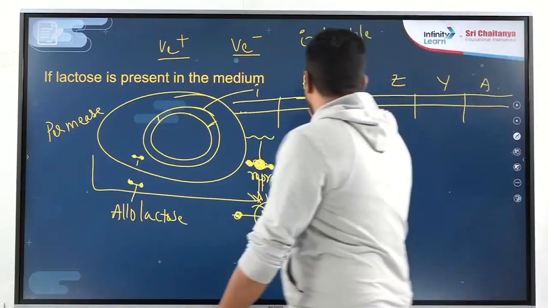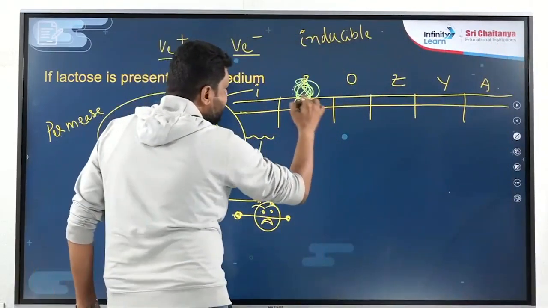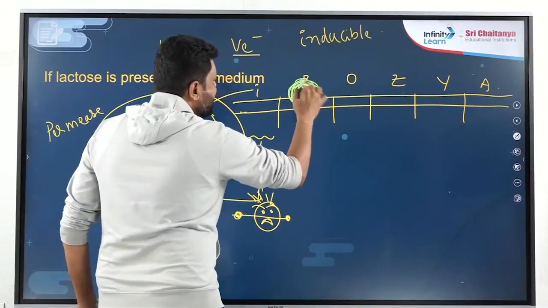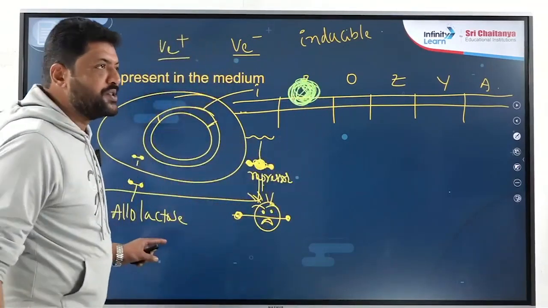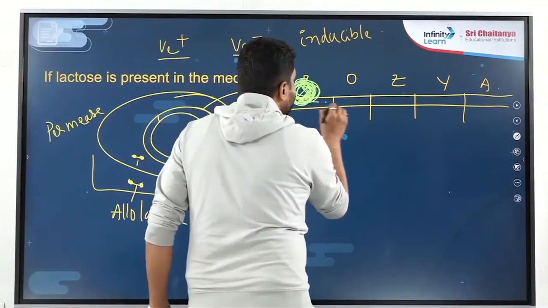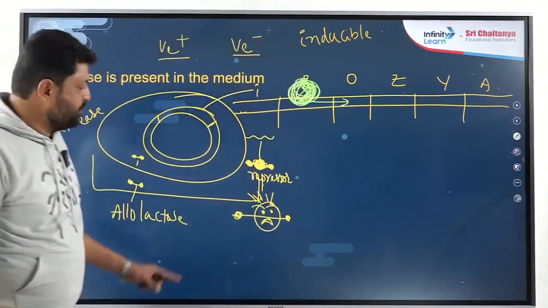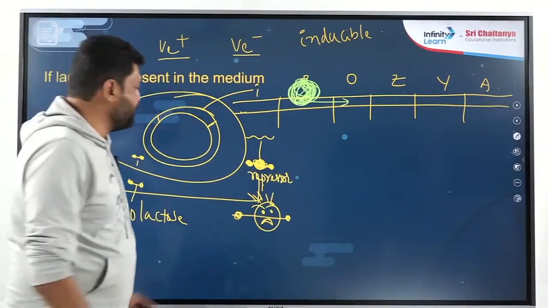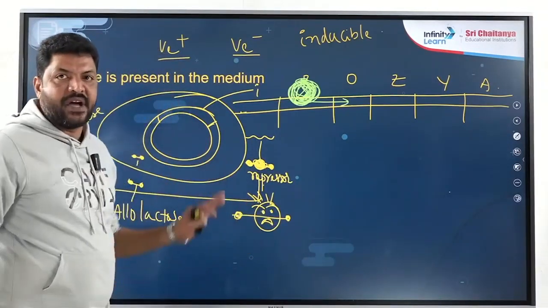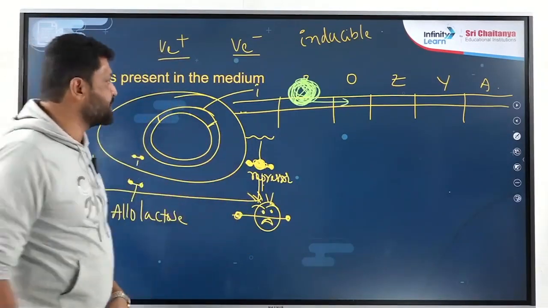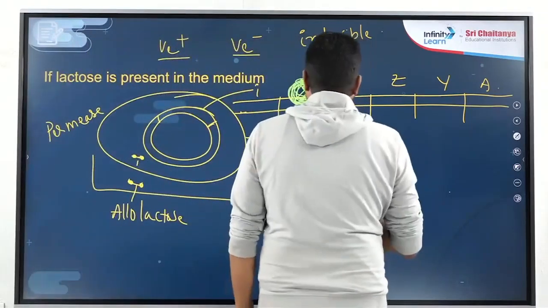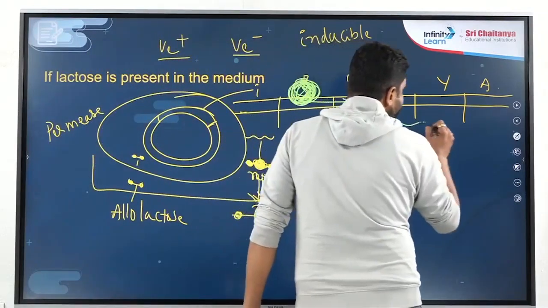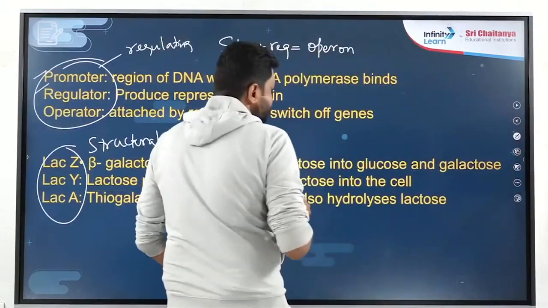Instantly RNA polymerase will come. I have taken green RNA polymerase now. RNA polymerase will cross the operator because the repressor is bound by lactose. The repressor became inactive after structural changes, so the polymerase crosses the operator and synthesizes a single mRNA.